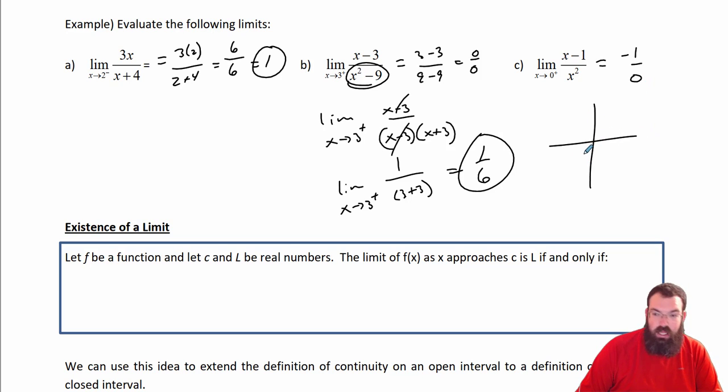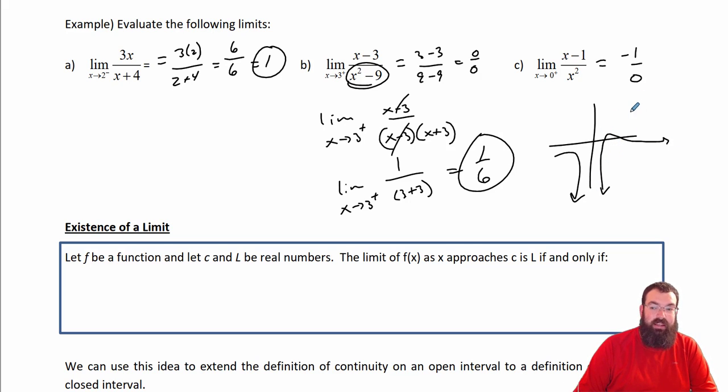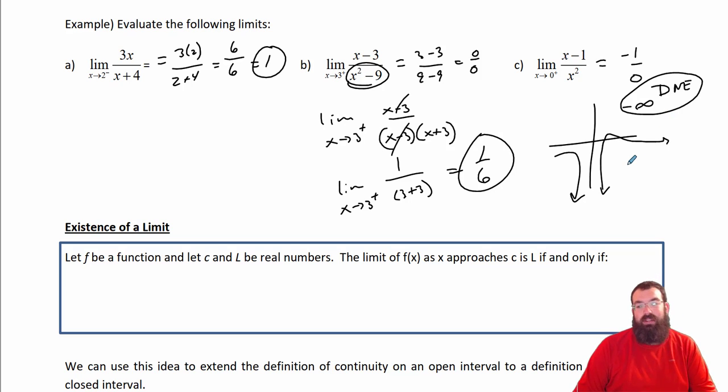The graph looks something like this. If I'm approaching 0 from the right side, I'm going to get negative infinity. Or it actually does not exist, because it's not going to a whole number. That's a better answer, but negative infinity would be okay there. So just be aware of that.